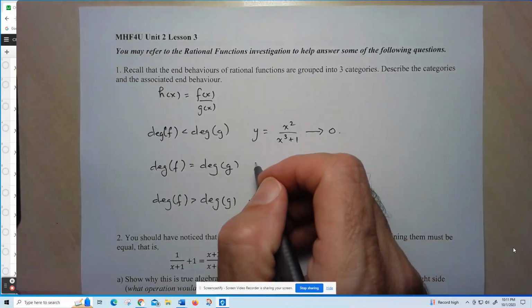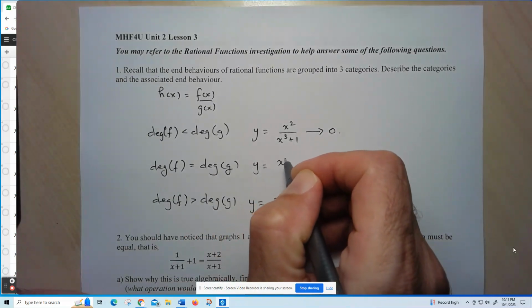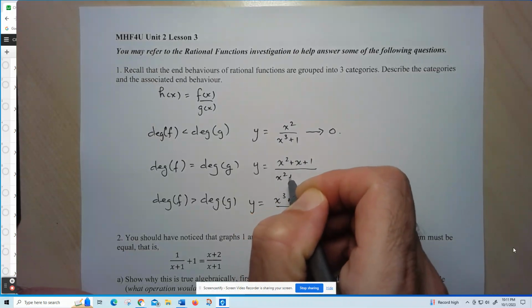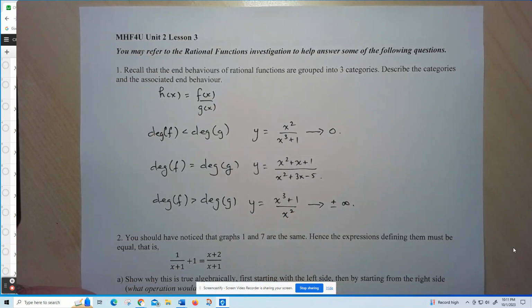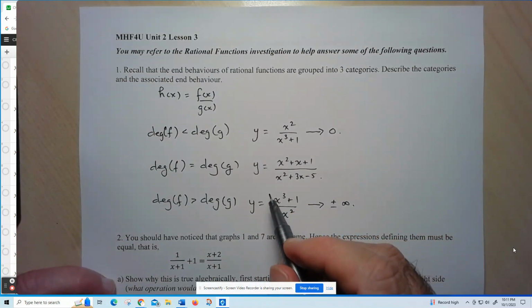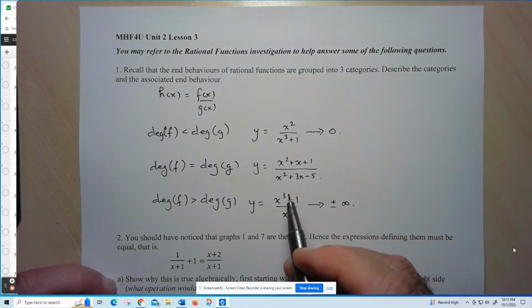All right? Now, when it came to when the degrees were equal, well, we had to do a little bit of reasoning here. So let's say we had something like x squared plus x plus 1 over x squared plus 3x minus 5. In this case here, we do use somewhat of a similar reasoning, that if we put in a very large x value, it's the first terms that are going to take over the numerators and the denominators.